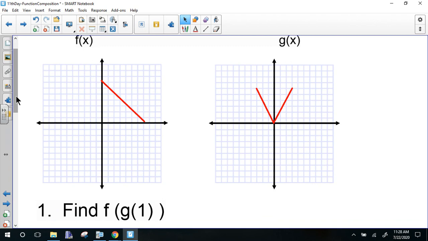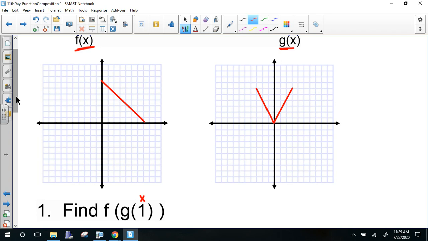Now, sometimes you have to look at graphs and be able to find the composition of the function. So here in number 1, this is the graph of f of x. This is the graph of g of x. I need to find f of g of 1. Well, you know that 1 is the x.